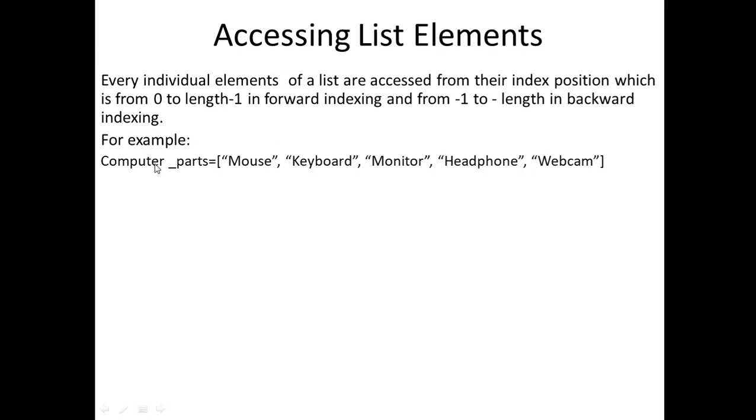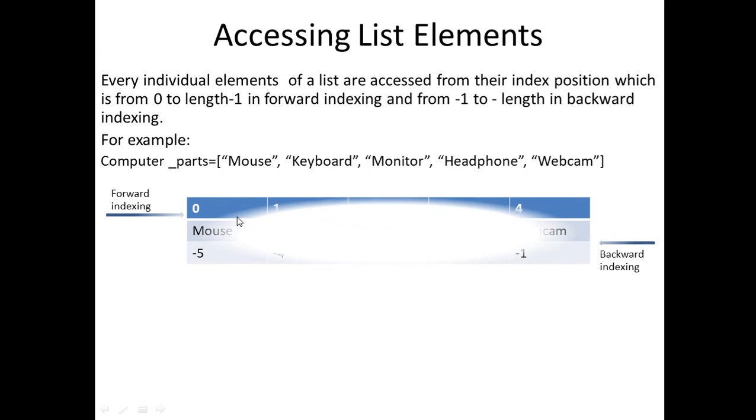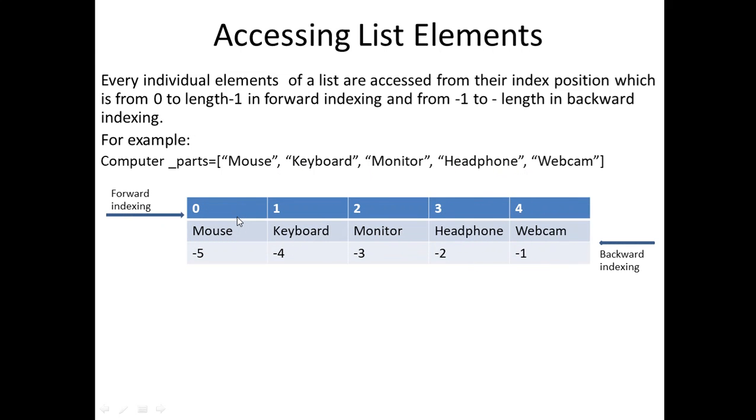So for example, I have created one list, computer parts, which has mouse, keyboard, monitor, headphone, webcam as the list items. And if it is represented in memory, you have to imagine it in that way only, that whenever you create the list, the items will have their numbers.